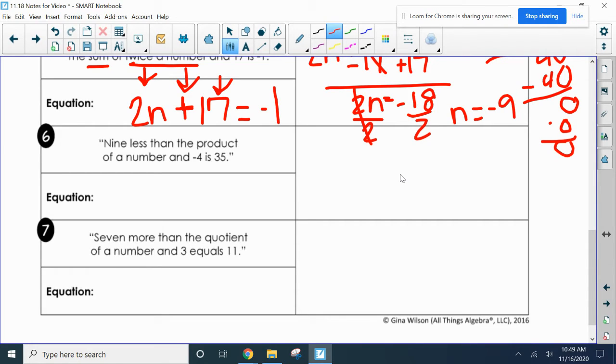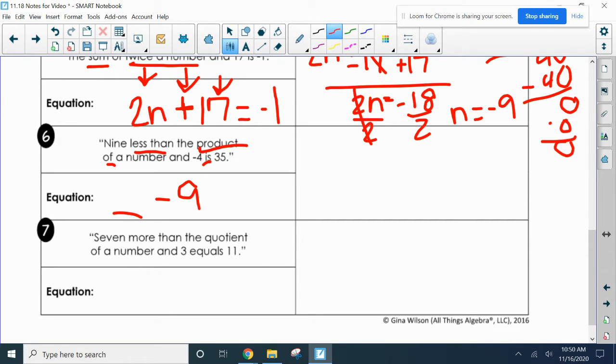We know less than, we know product of, so product and of both tell us multiplication, and 4, we know is 4. So the product of a number and 4. Well, we know less than, that first off tells us that we're taking 9 from something, because that's one of our stars that says the way they tell you is backwards.